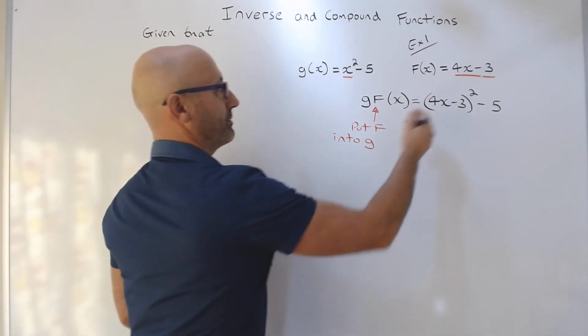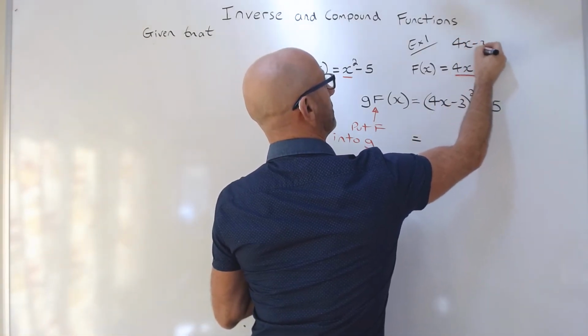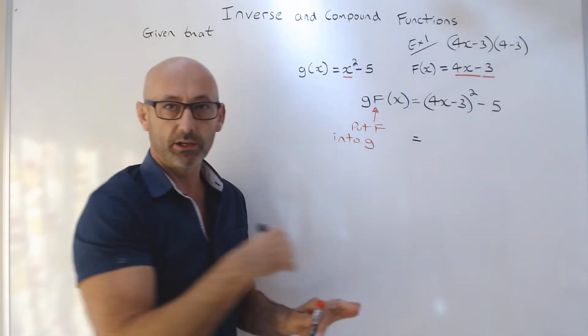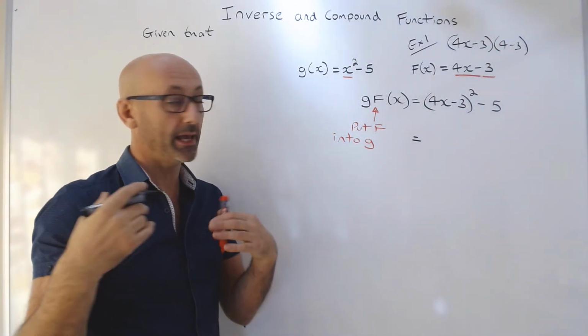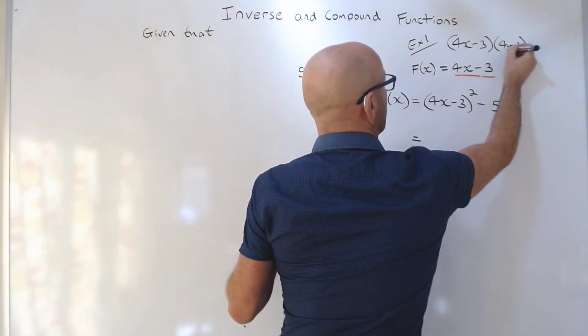Okay. So I would recommend you probably write out 4x take 3 twice in order to square it, so you don't make any mistakes. And that should say x.